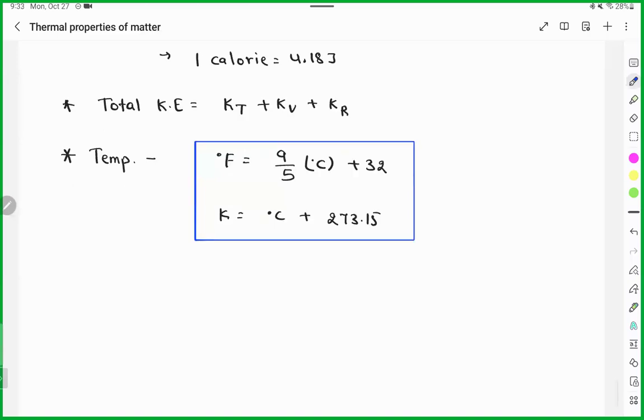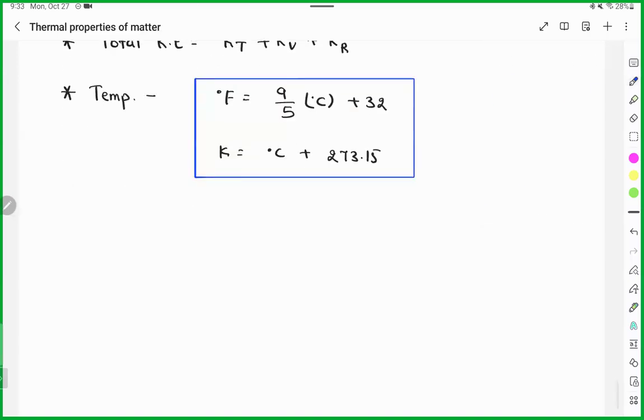Then you need to know the freezing point of water and boiling point. Though this is very easy. For water, freezing point is, and boiling point is.